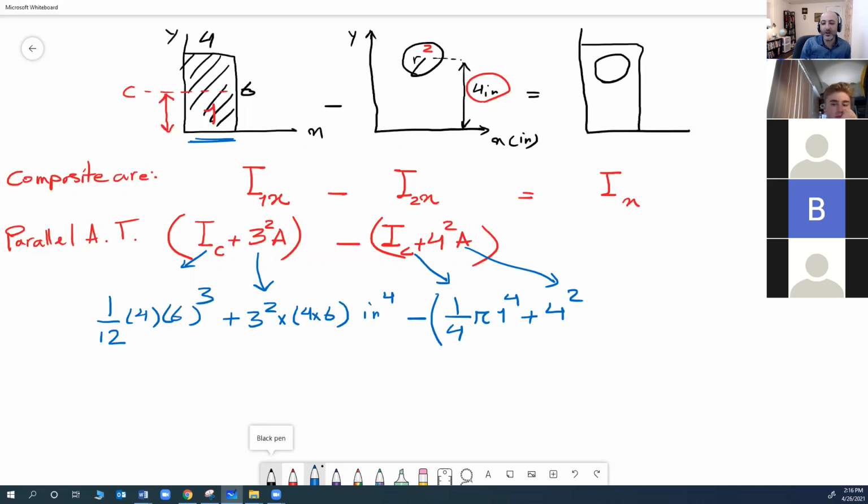Pi r squared. There we go. I know it's very simple, but this is the biggest problem students have when doing composite areas: forgetting the area of a triangle and the area of a circle. So this is just a bunch of numbers. You should be able to do it. And that will result in 237 inch to the power of 4 for this area. Questions?